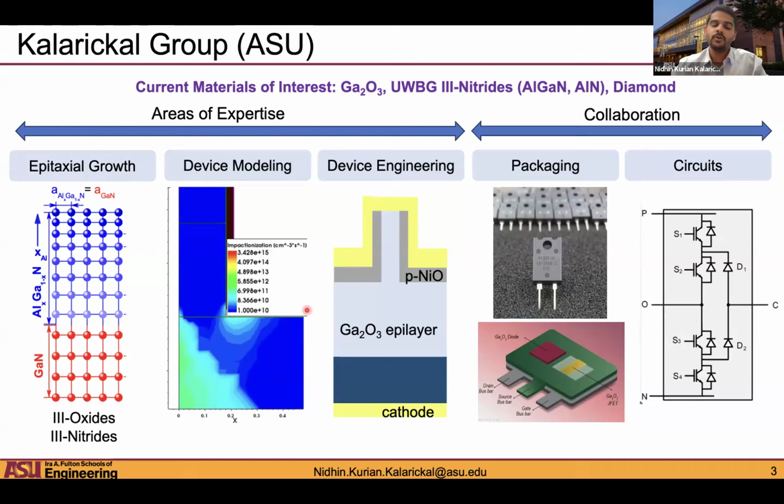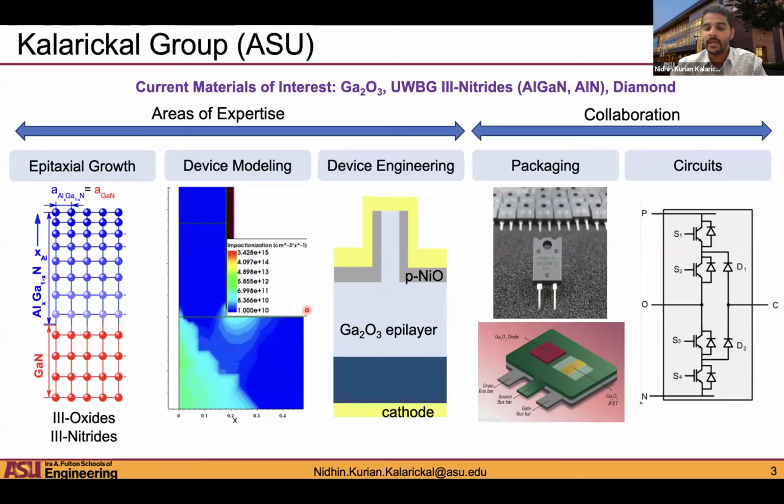So in our group, we currently have the capability for MOCVD growth of nitride. So we have a nitride reactor. We also have MOCVD growth capability for oxide, so that's an oxide reactor. So we have 2 reactors for epitaxial growth. We also do quite a lot of device modeling, and our primary area is device engineering and device fabrication.